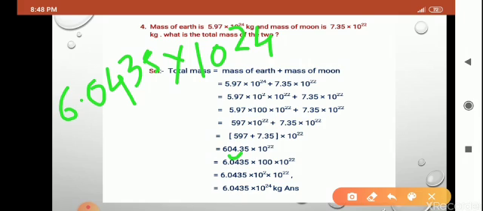So here 2 is added with 22, that is 22 plus 2 is equal to 24. So 6.0435 into 10 to the power 24 kg is your answer.